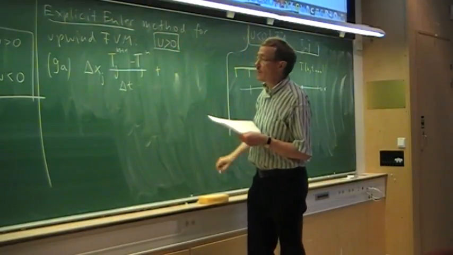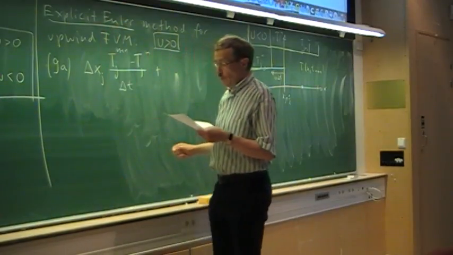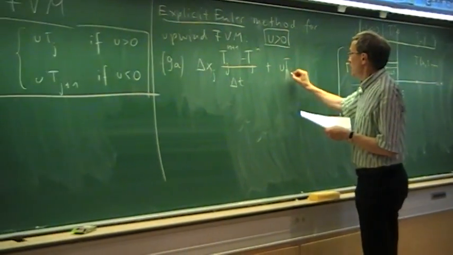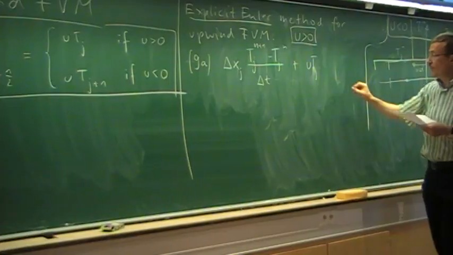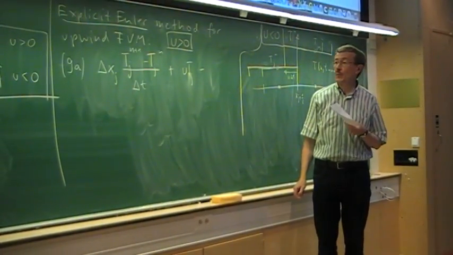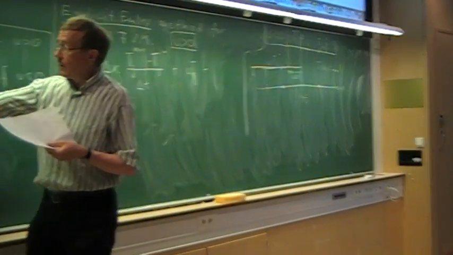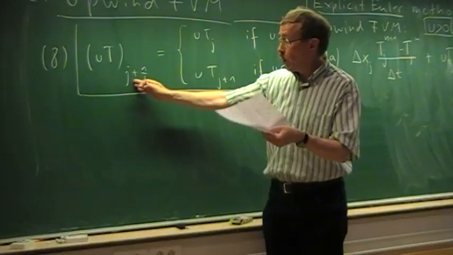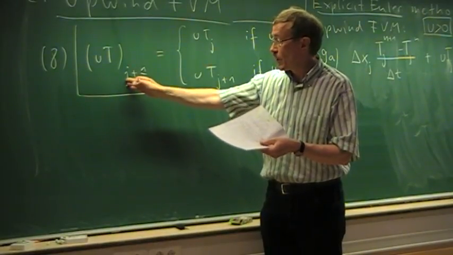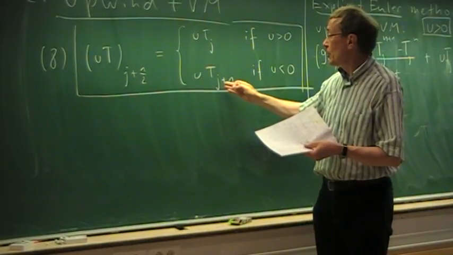And then we assume now that u is positive, so that is important. Assume u is positive, then we can use this approximation here for the flux at j plus 1/2, and for j minus 1/2 we do what we saw before. We simply take the index one to the left, that is, j minus 1 and j.